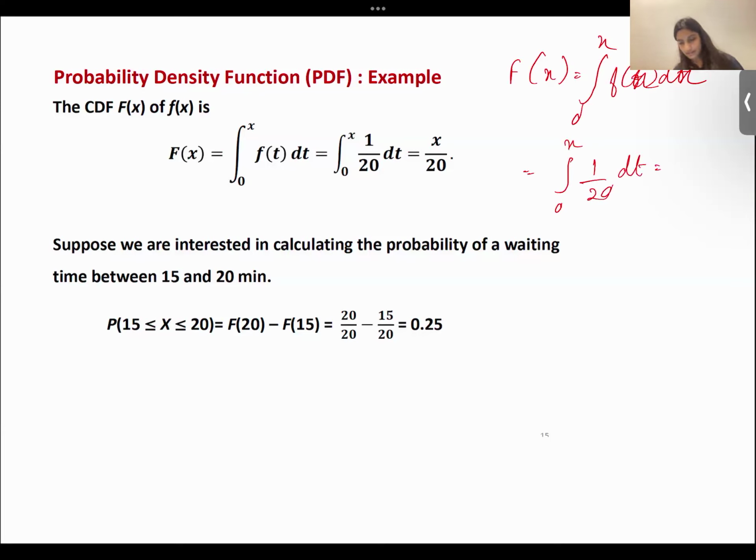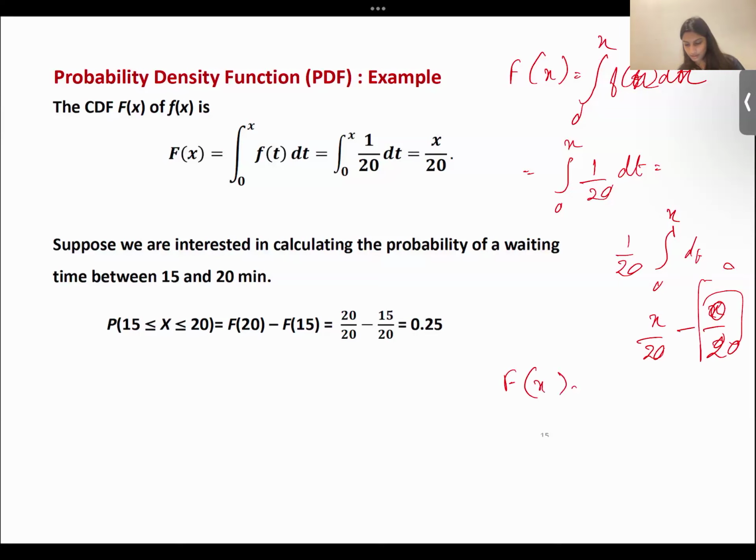Now when you apply this, 1 by 20 is a constant, so it would just be something like x. So it would be x by 20 minus 0 by 20. So this term is 0. So your cumulative distribution function F of x is equal to x by 20 in this case.